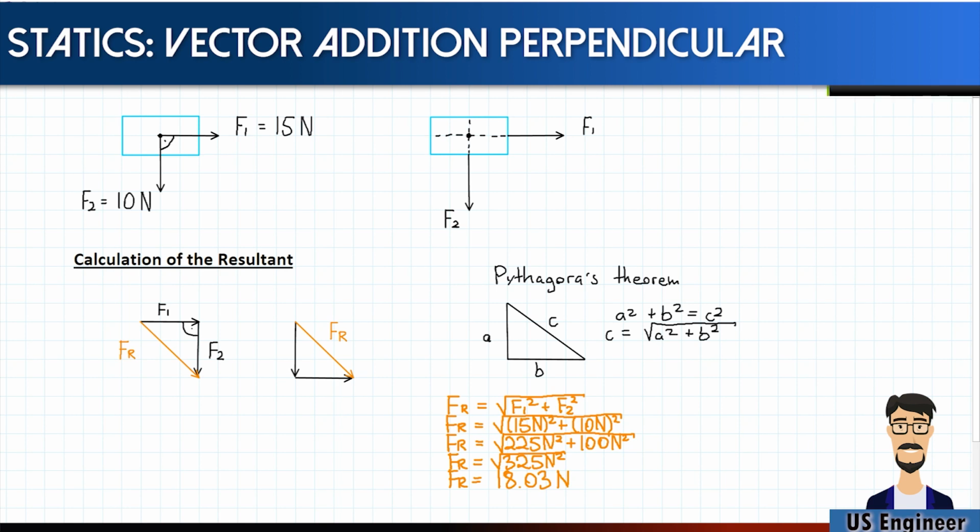So we got the magnitude of the resultant force vector, but there is something else that we're looking for, and that's the direction of the resultant.